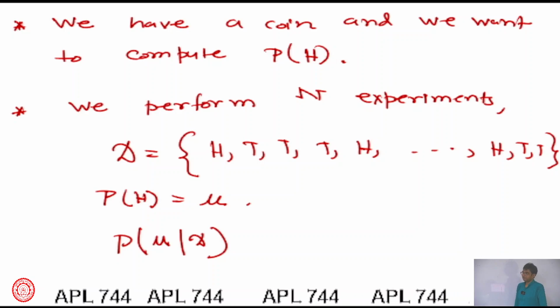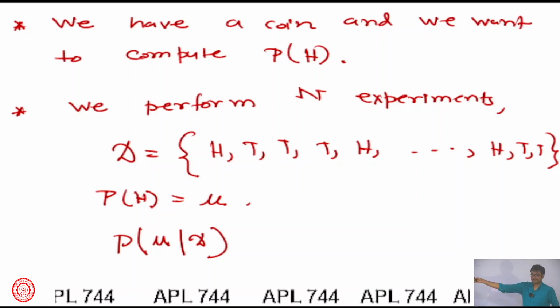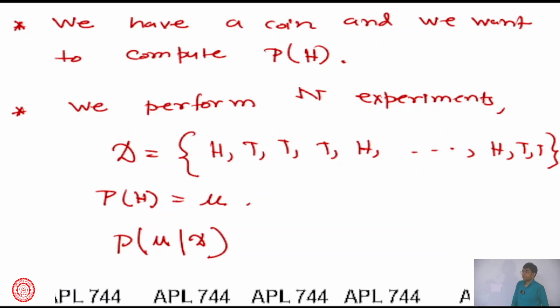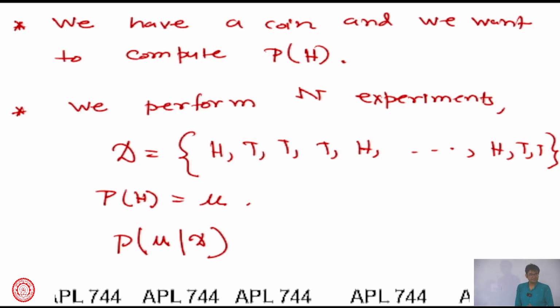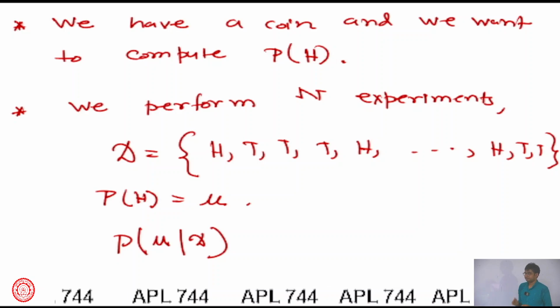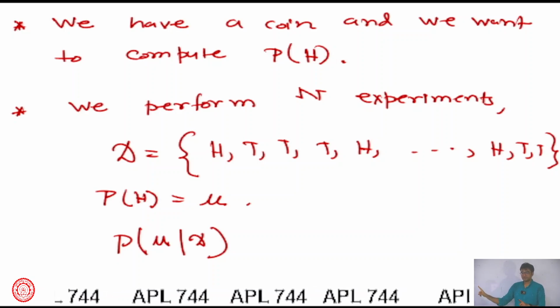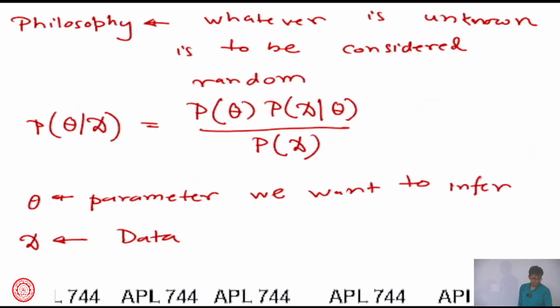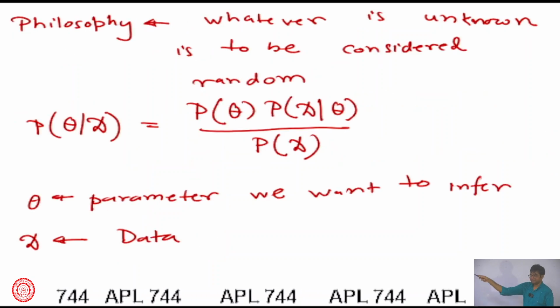Now, how to find it? We will come to that later. I have not even explained each term of Bayes law in this context, but this is the idea. This example is clear, and can you relate it with theta and d now?